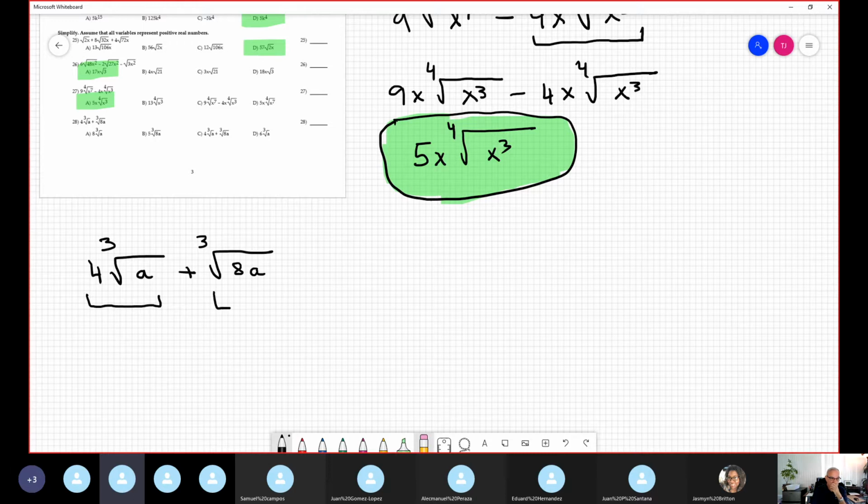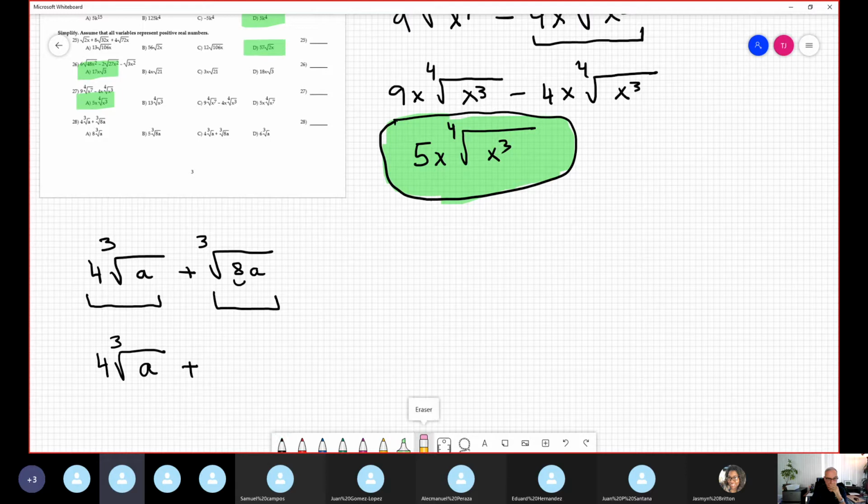In this case, you can do something, but in the numerical part, because the exponent of A is 1, which is smaller than 3. So I copy this because I cannot do anything in the first one. In the second, yes. And the second is cubic root of 8.